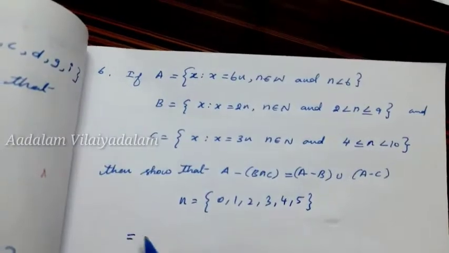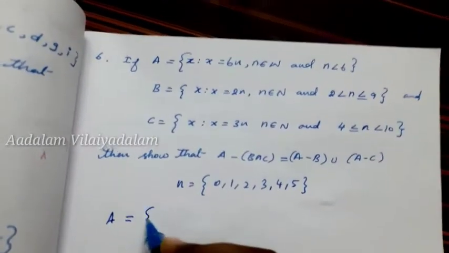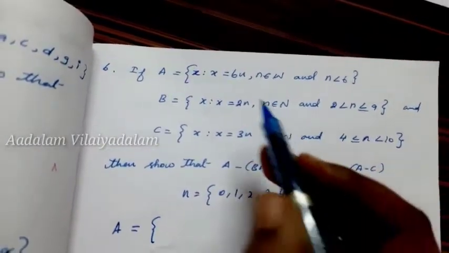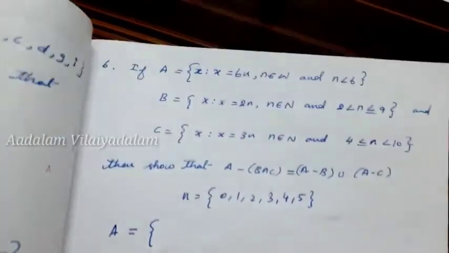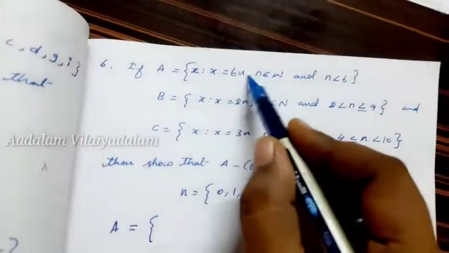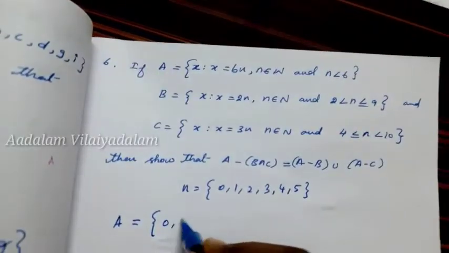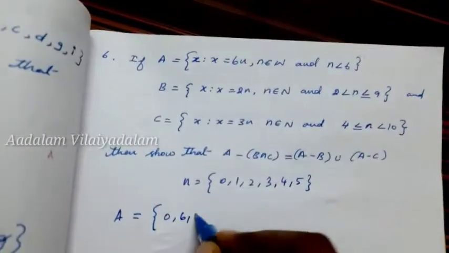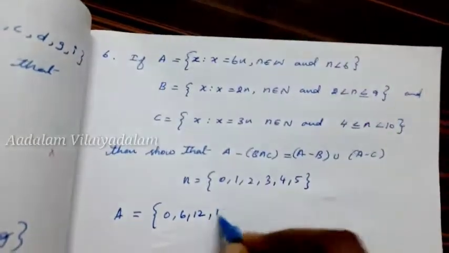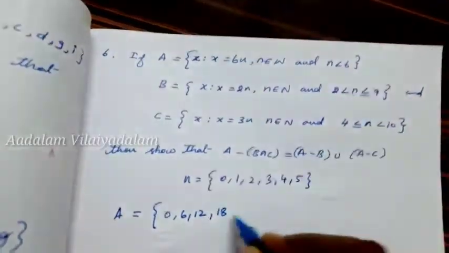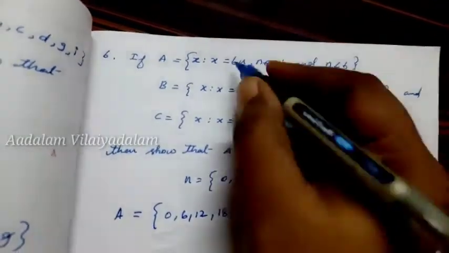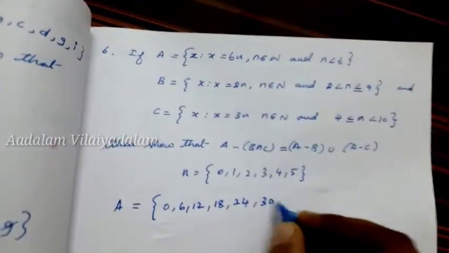So we could write A equal to 6n, or directly we can multiply that. 6 zeros are 0, 6 ones are 6, 6 twos are 12, 6 threes are 18, 6 fours are 24, and 6 fives are 30.